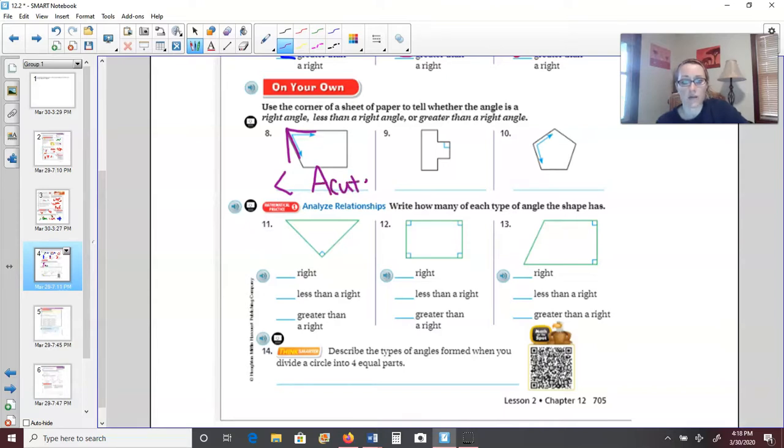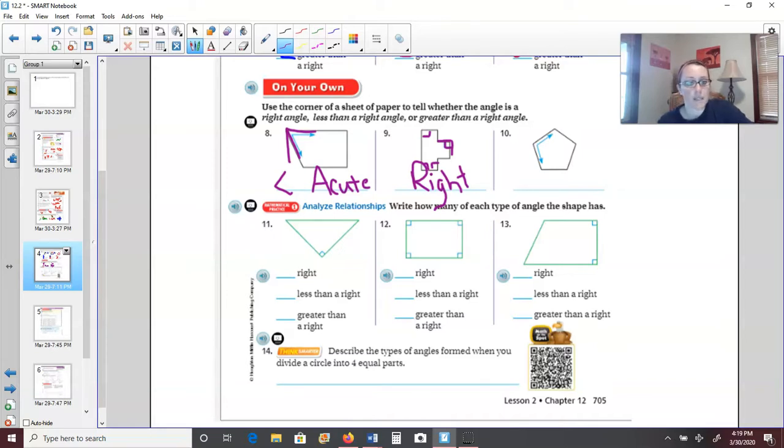It's an acute angle because it is smaller. All right, this angle here has that perfect square corner. That means it is forming a right angle. It is just right. And actually, all these other angles within this shape are perfect right angles too, forming perfect corners.